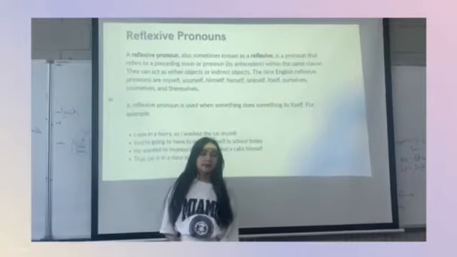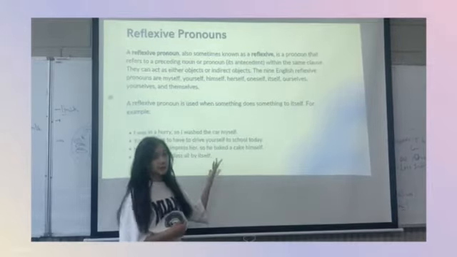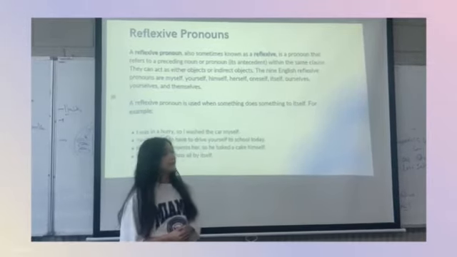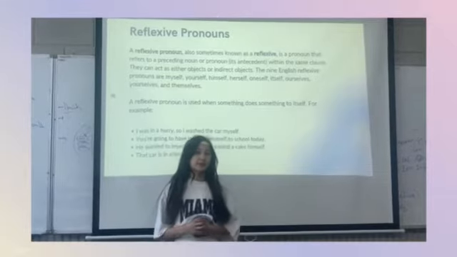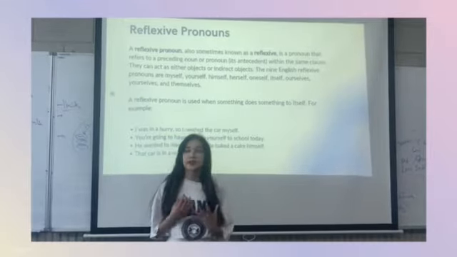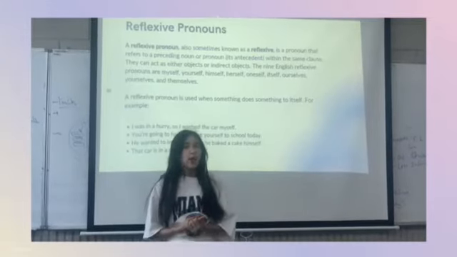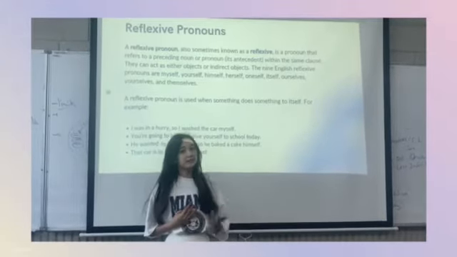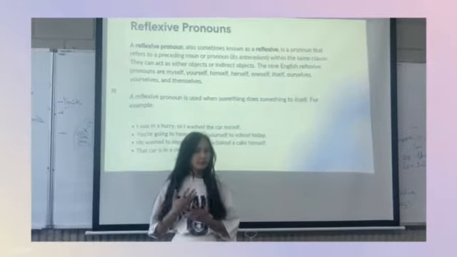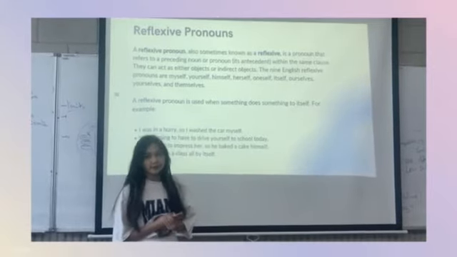Our next type of pronoun is the reflexive pronoun. In English grammar, reflexive pronouns indicate that the person who is performing the action of the verb is also the recipient of the action. When the object and subject in the sentence refer to the same person or thing, we use reflexive pronouns.